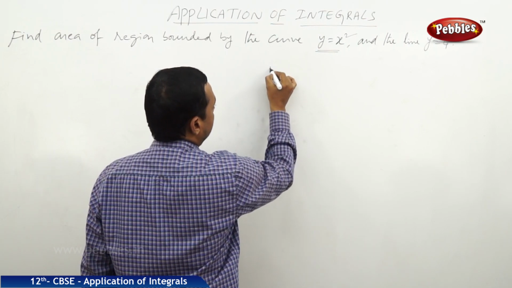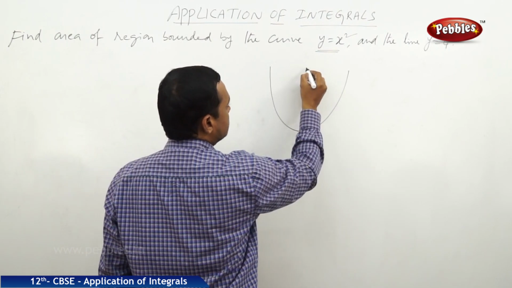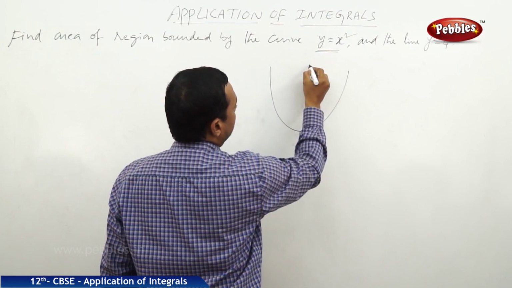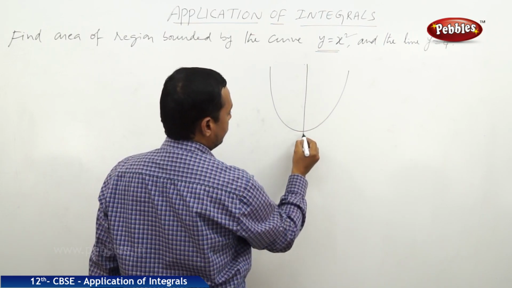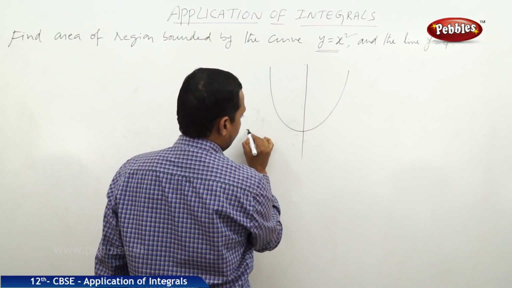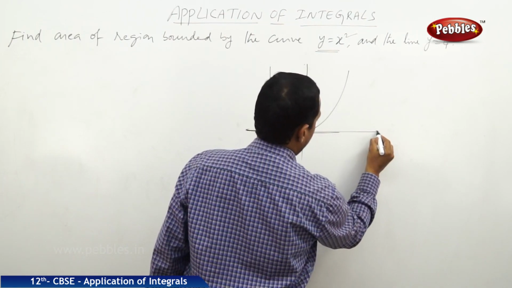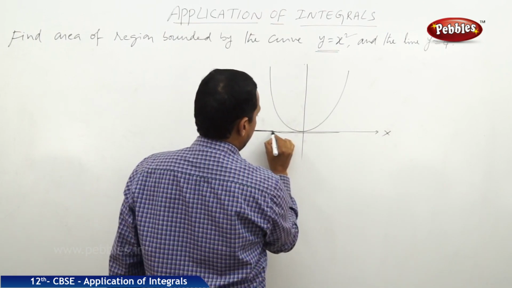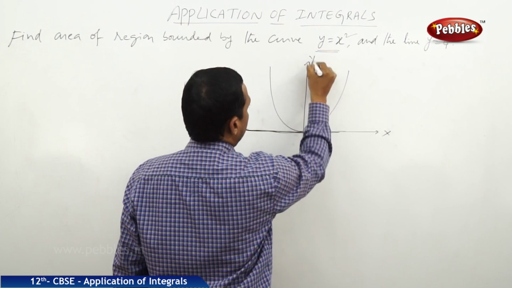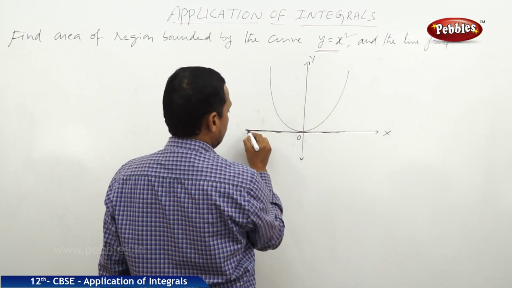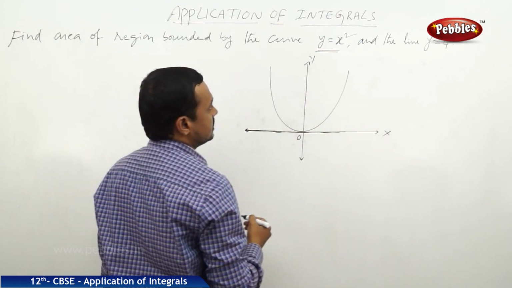So y = x² is a parabola like this, symmetric about the y-axis. Now this is the x-axis and this is the y-axis, origin.